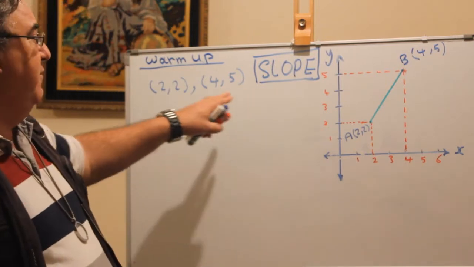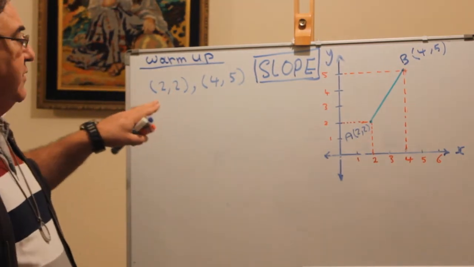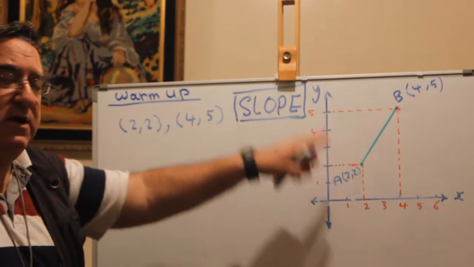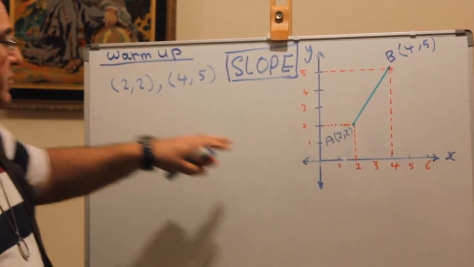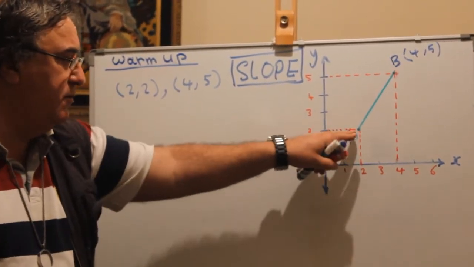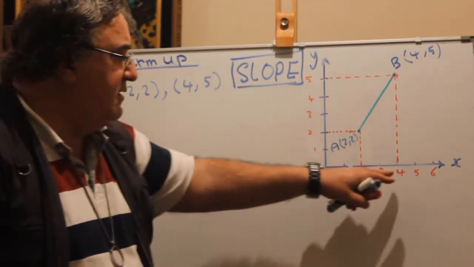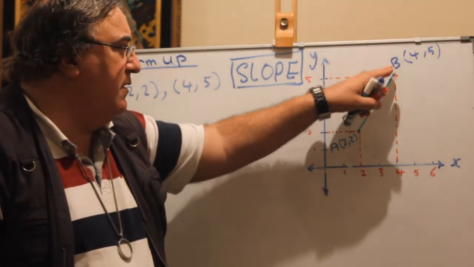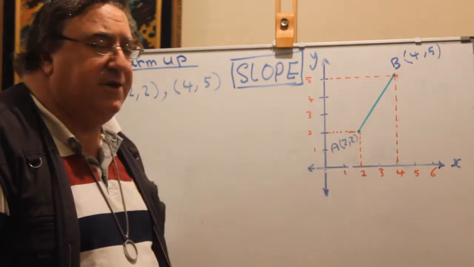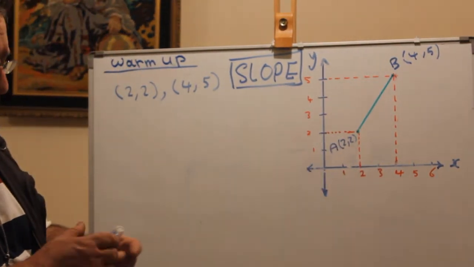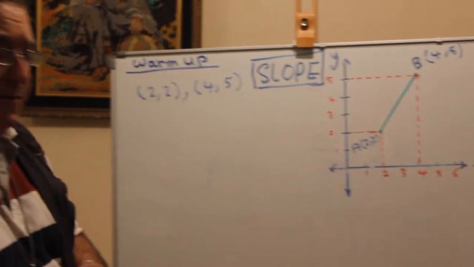Let me give you an example. Suppose we have 2 points plotted on the graph of x and y. 2 and 2, we point here as point A, and 4 and 5, where x is 4 and y is 5. We connect these two by a straight line. What is the slope of this straight line? Let me tell you how.